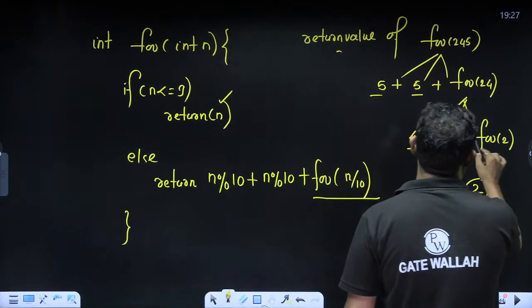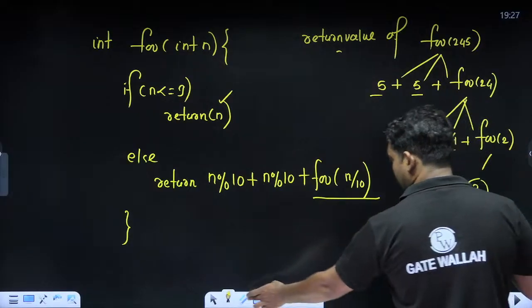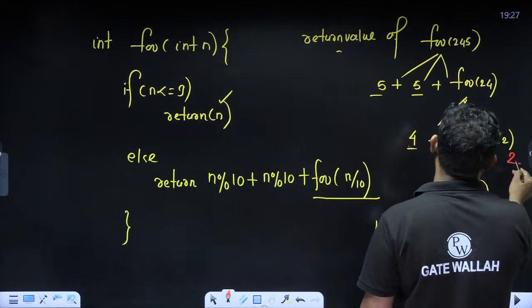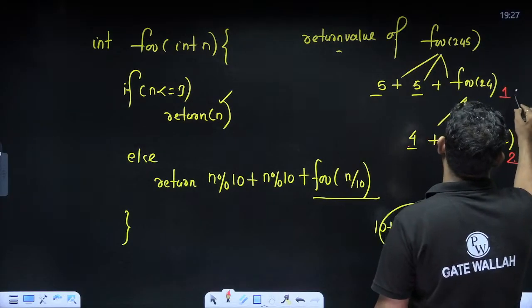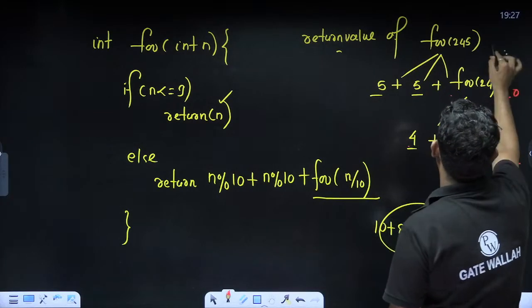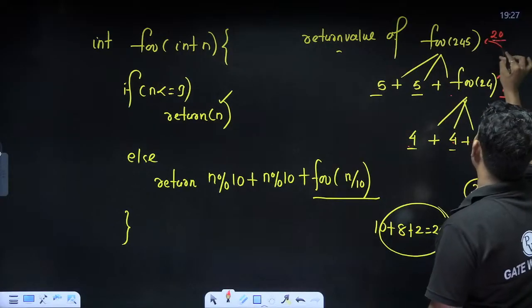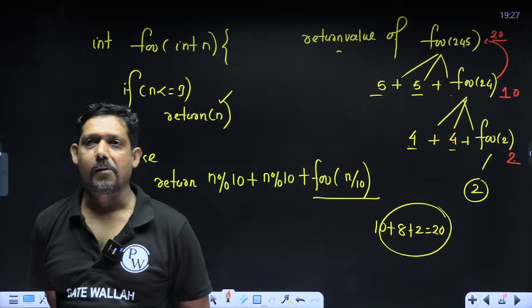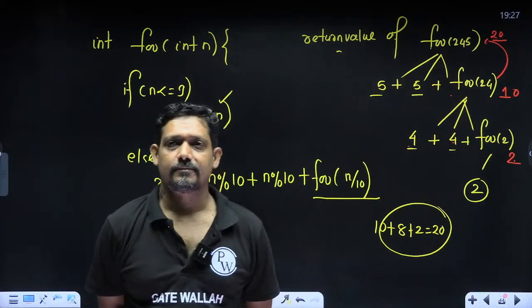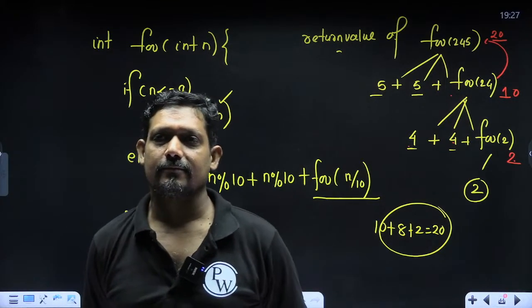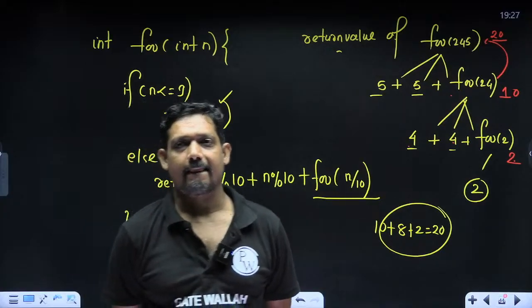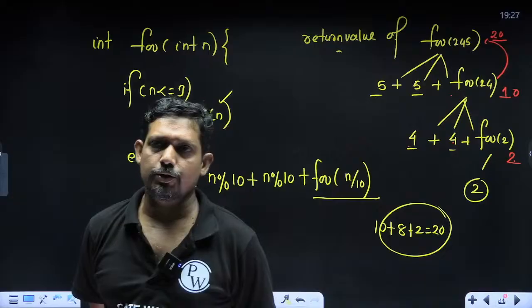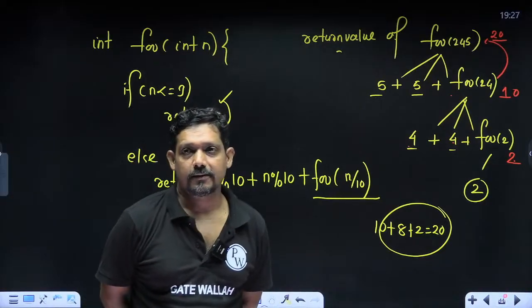Foo(24) returns 20. Then 5 plus 5 is 10, plus 20 is 30? The answer for this question is 20.